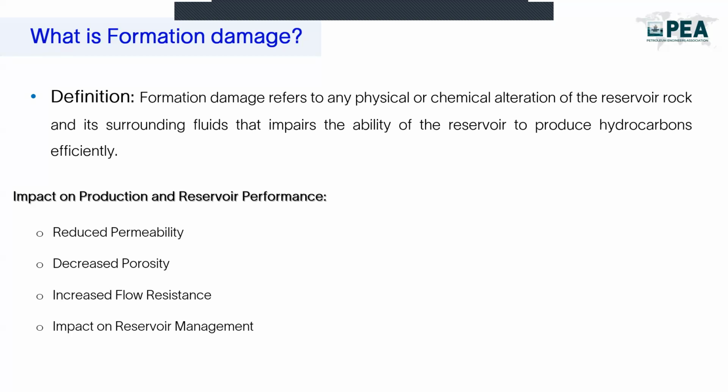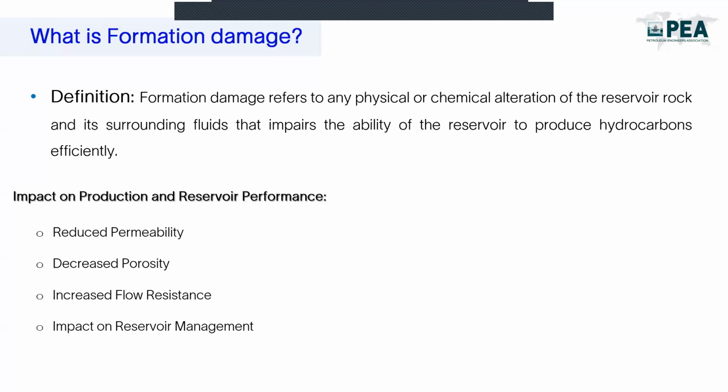Another thing is the increase in flow resistance. As we have formation damage, this increases the resistance to flow within the reservoir. This can lead to a higher pressure drop, meaning that more energy is needed to extract the same amount of hydrocarbon.